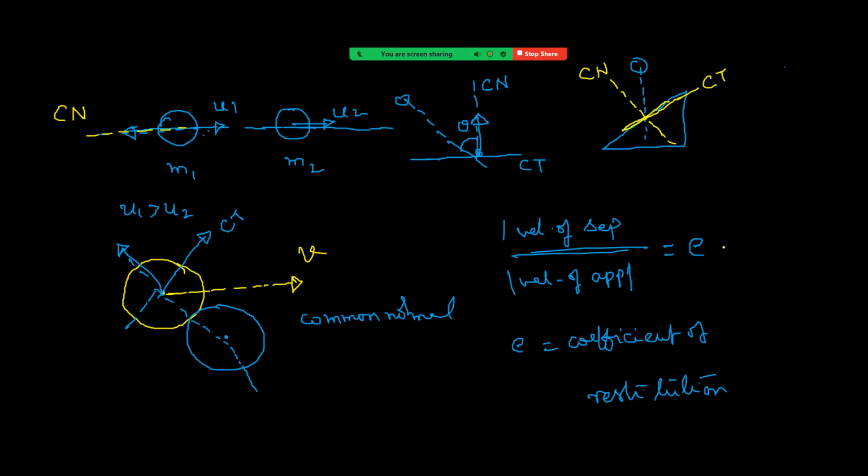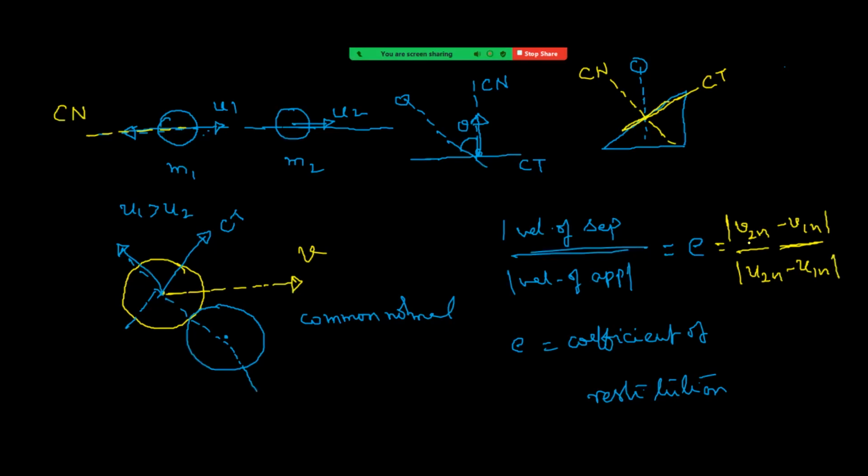That means this is taken as modulus of V2n minus V1n upon U2n minus U1n.